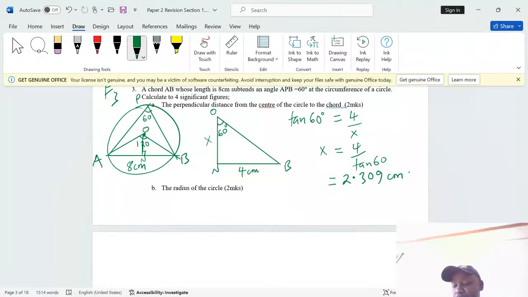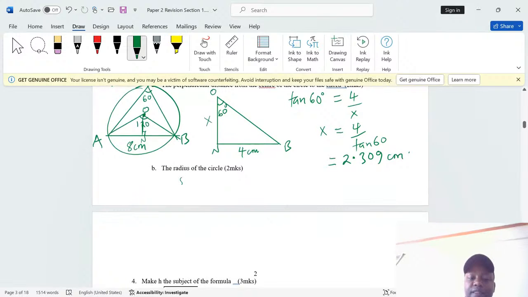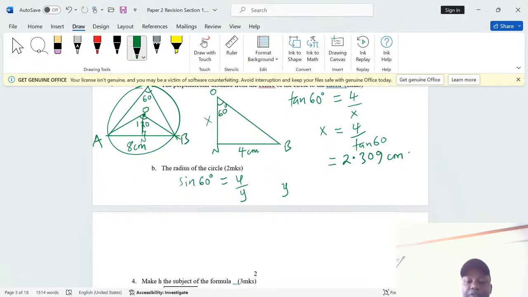We can even use trigonometry once more, and we talk about the sine of 60 being equal to the opposite length to that angle of 60, which is 4, divided by the hypotenuse, which can be let to be y. Therefore, y is going to be given by 4 divided by the sine of 60.